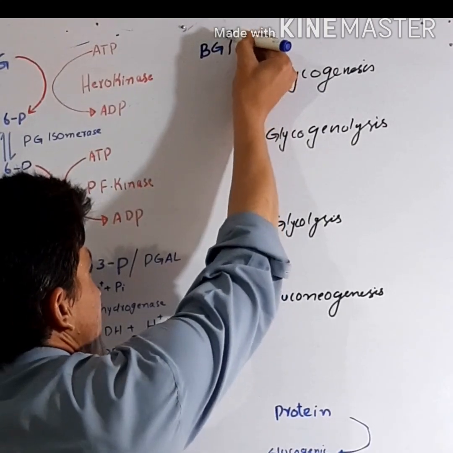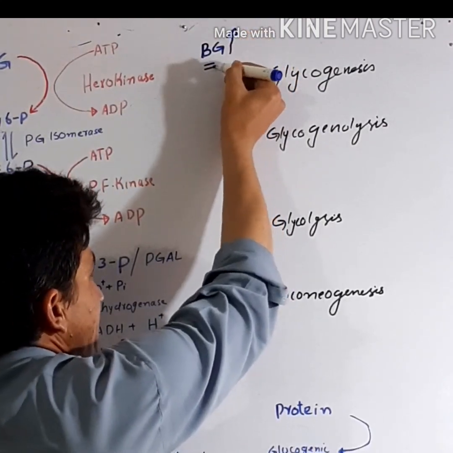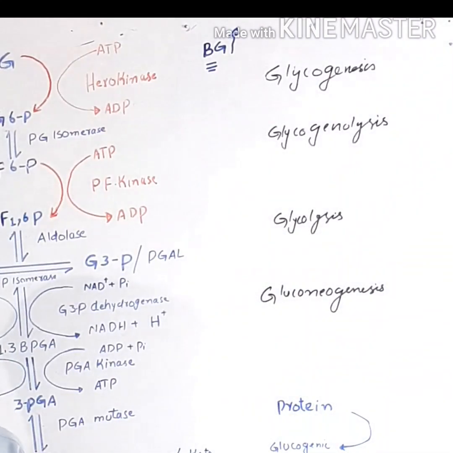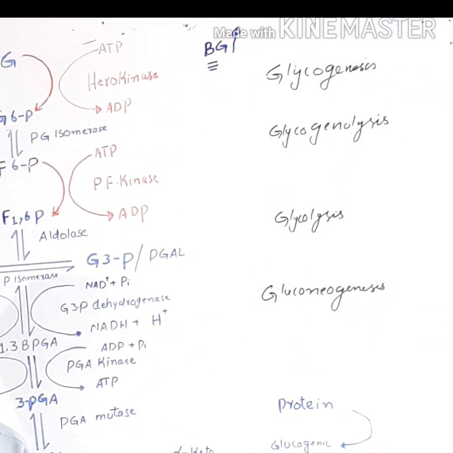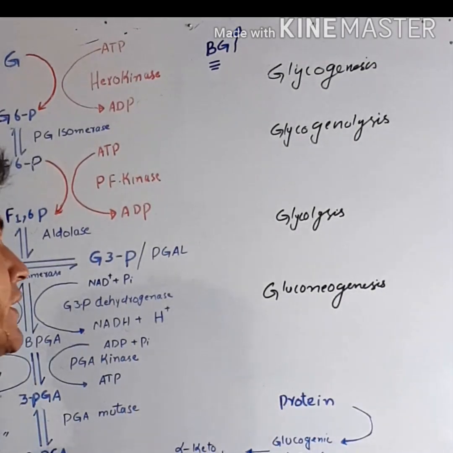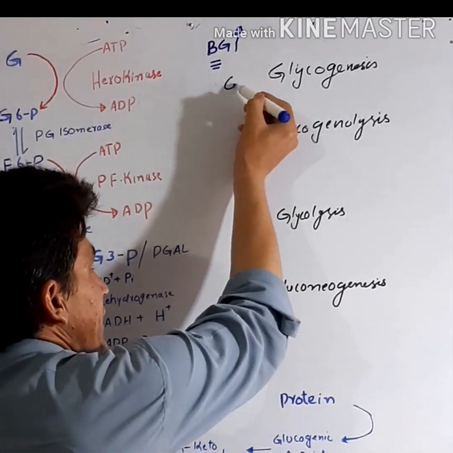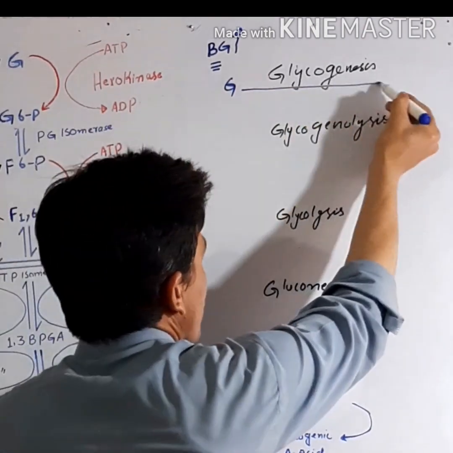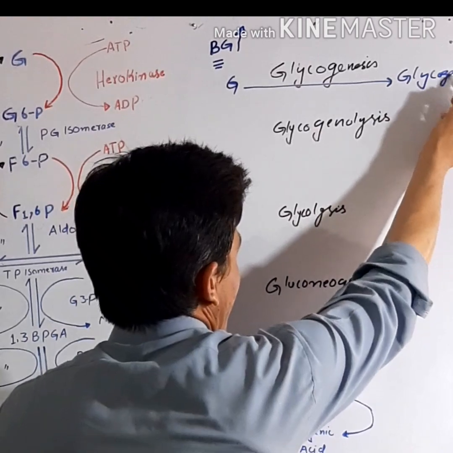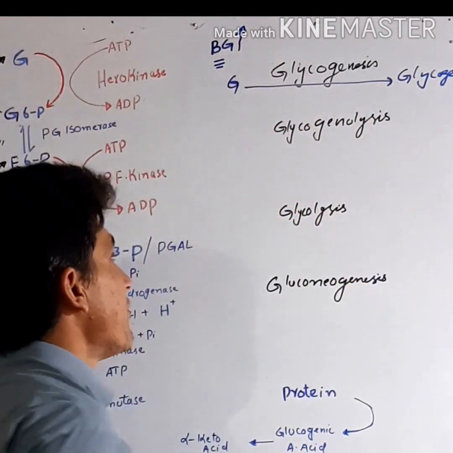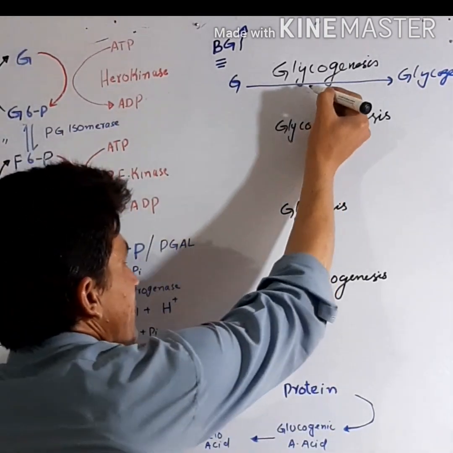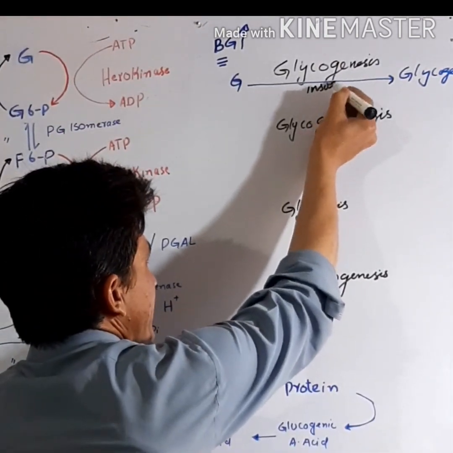When this blood containing a high amount of glucose reaches the pancreas, beta cells in the islet of Langerhans release a special hormone called insulin, and insulin is the hormone which converts glucose into glycogen and normalizes the blood glucose level. This is the function of insulin.